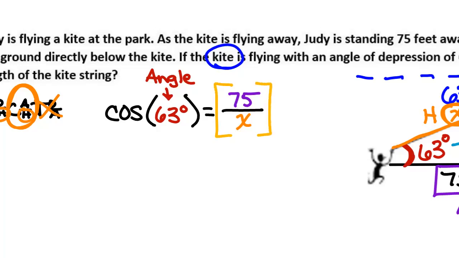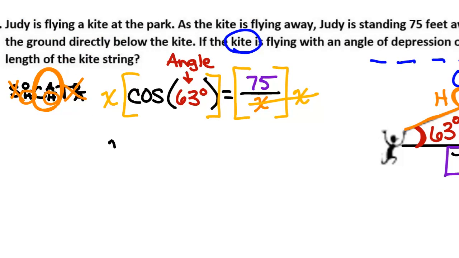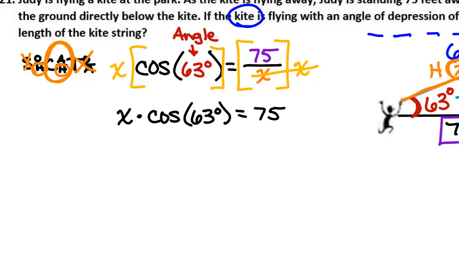We're looking for x, so we have to multiply by our denominator. So then I would have x times the cosine of 63 degrees equals 75. To finish getting the x all by itself, we need to use division.